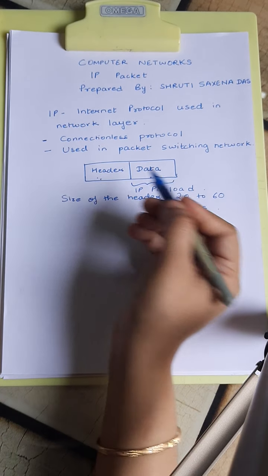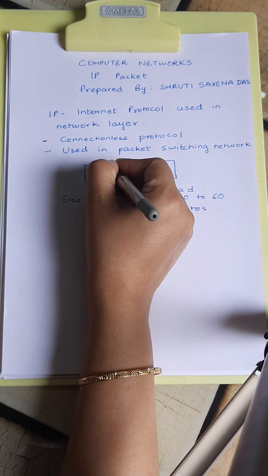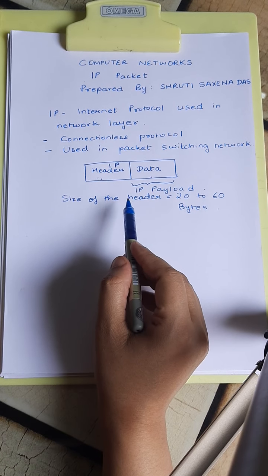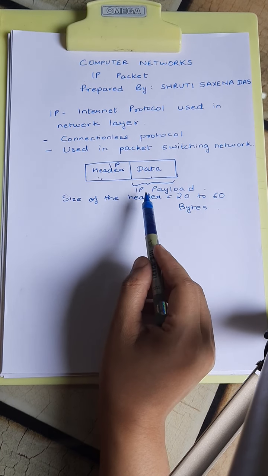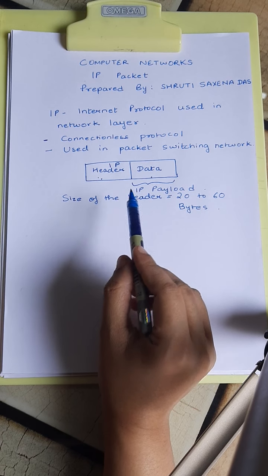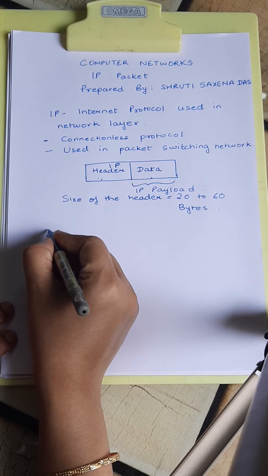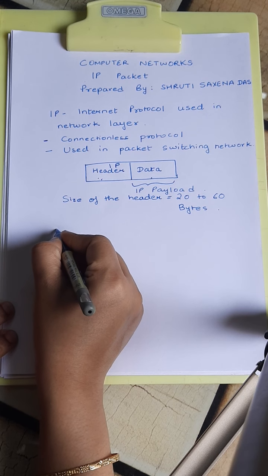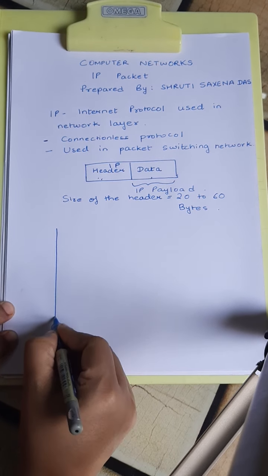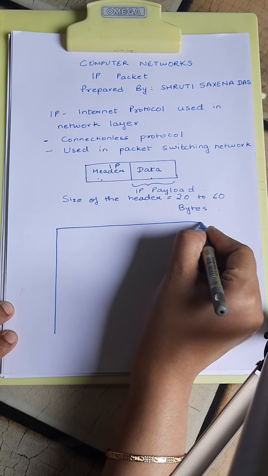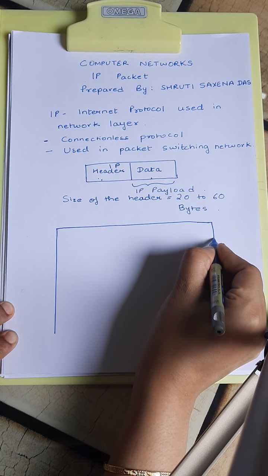This header is the IP header, which contains all the necessary information to deliver the packet to the destination at the other end. What information it covers, we'll discuss now. The header structure is like this.